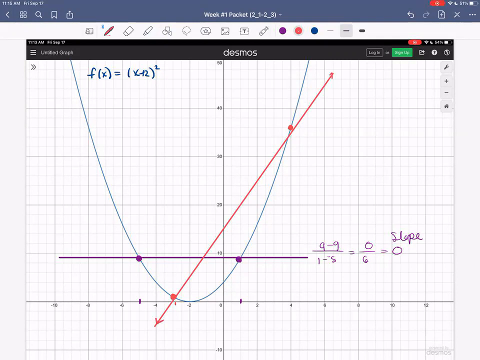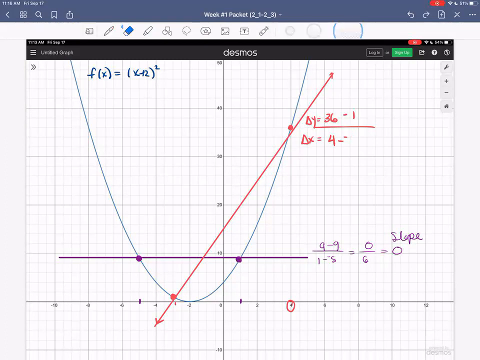And so we can compute that slope by finding the difference of the outputs. So for us, that would be 36 minus 1. So that's again change of y over change of x. So 4 is our input, minus -3.